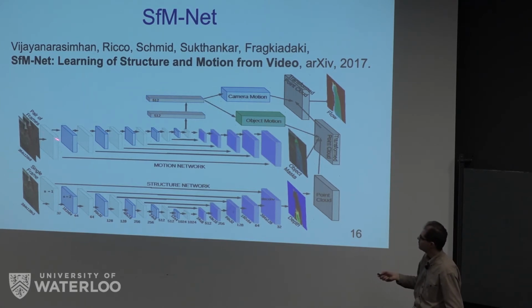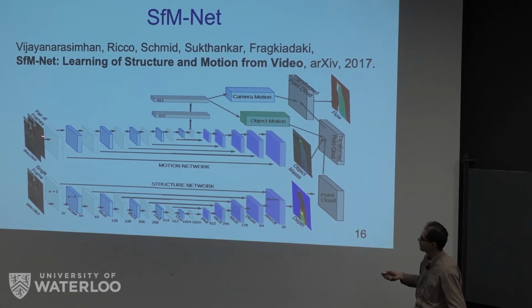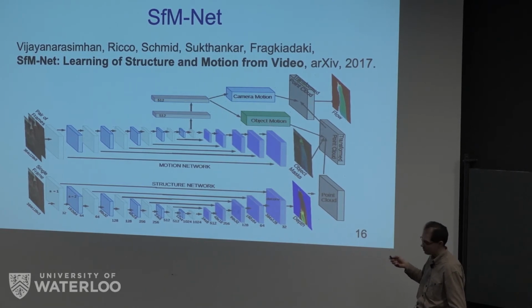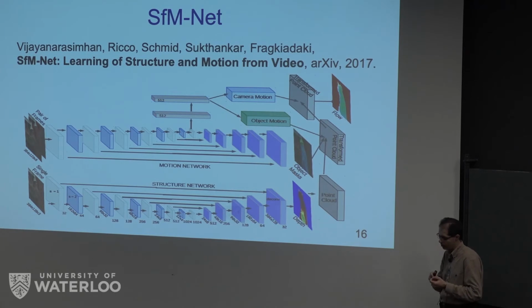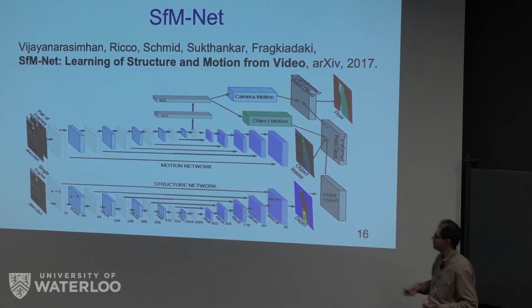There's a part here that will estimate the motion. In other words, we've got a pair of frames, and from this pair of frames, we compute some embedding using some convolutional layers. From this, we compute some object motion. In other words, what would be the direction and the motion of every single pixel in the image.